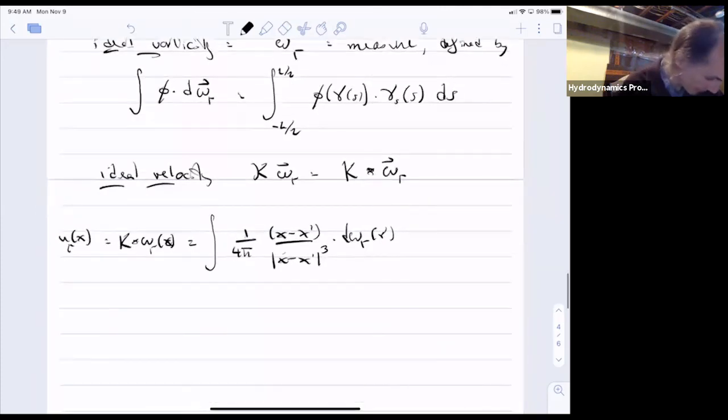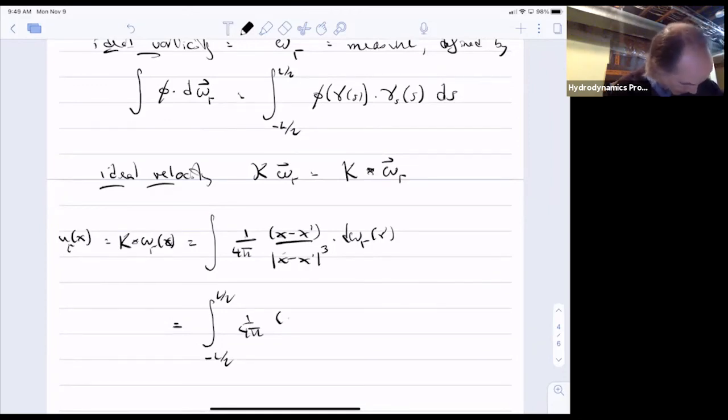And let's write down what that is, just from the definition above. This would be the integral, say, from minus L over 2 to L over 2 of 1 over 4 pi. And so the recipe is I just replace x prime by gamma of s.